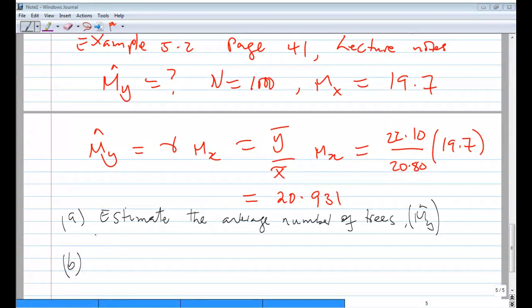Number B, it says calculate an estimate of the population variance. Actually, there is an R here.